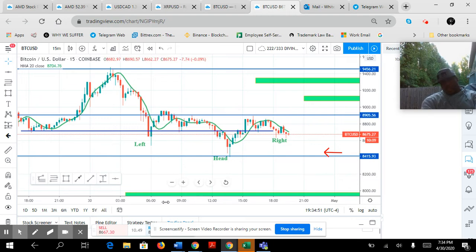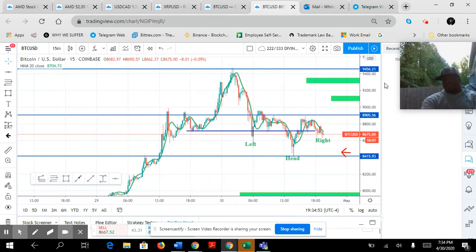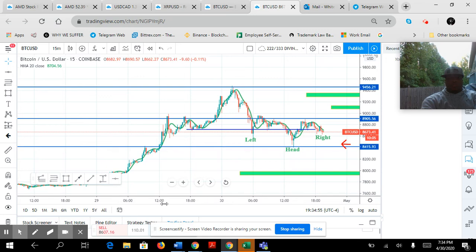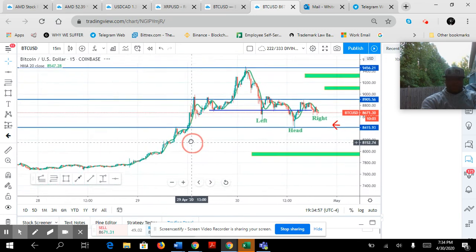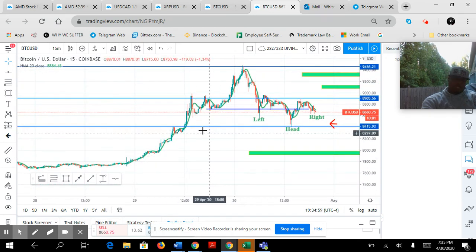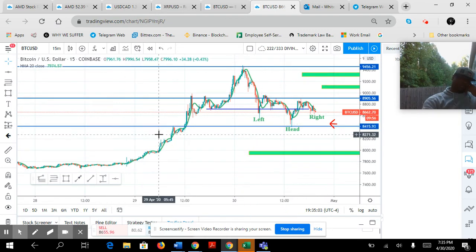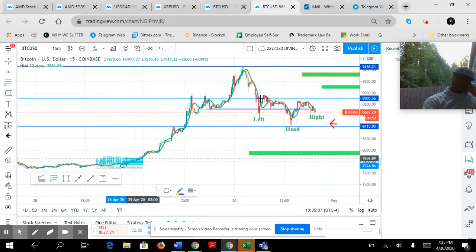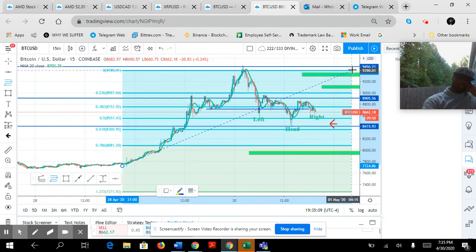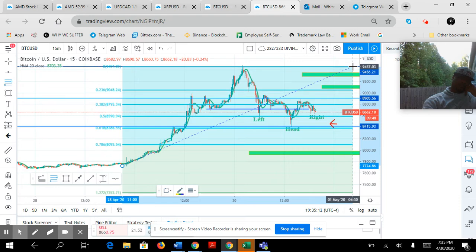So let's get these downside targets, possibly, because what we have here is a huge impulsive move to the upside, and now we're clearly in a correction. So we can measure this. We're going to take a Fibonacci retracement, swing low to swing high at the top where it was rejected at 9,457.